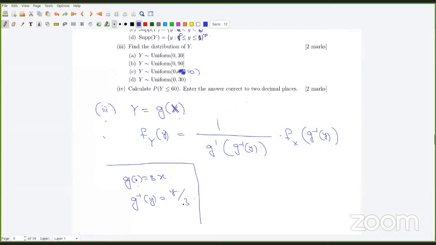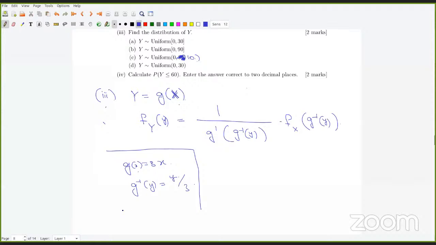So if g inverse of y is y by 3, what is g dash of x? What is the derivative of g of x? It is 3. So if g dash of x is 3, what is g dash of g inverse of y? g dash of x is 3, sir. See, g of x is 3x, so g dash is 3 everywhere. Whatever the inside variable is, the derivative is 3.